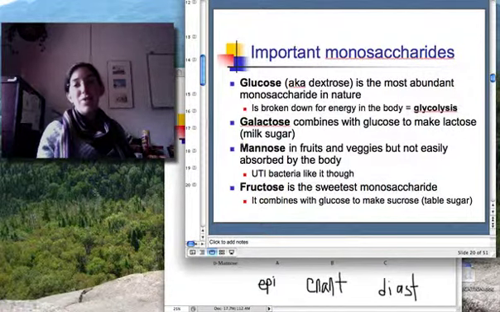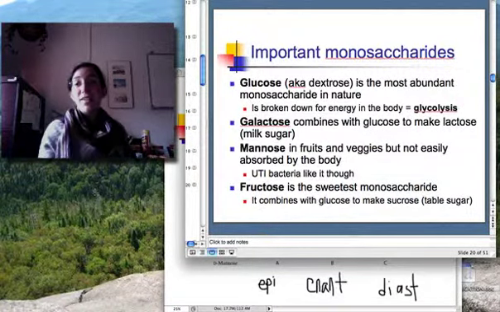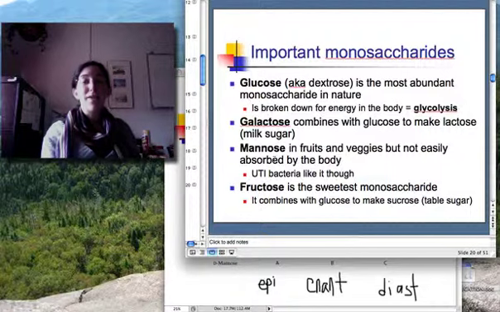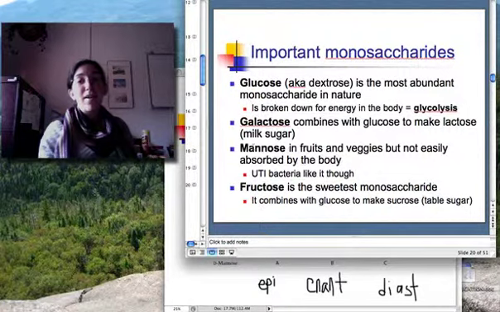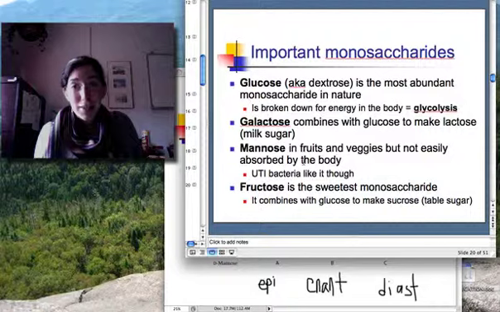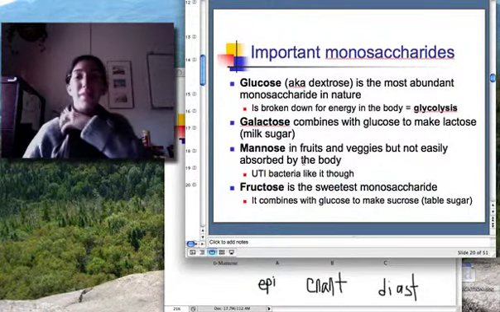But its claim to fame that they highlighted in the book is that some of the bacteria on our bodies or in our bodies really like mannose, particularly the bacteria that cause UTIs. Cranberries tend to have a lot of mannose, so eating a lot of cranberries provides all this mannose in your urine, and the bacteria will bind to it and then be excreted with the mannose. So it helps to flush bacteria from the system, apparently.